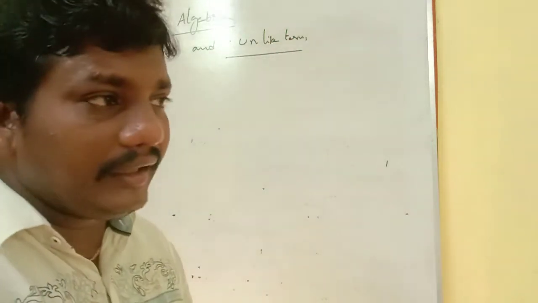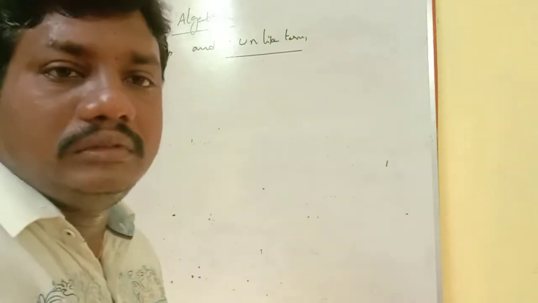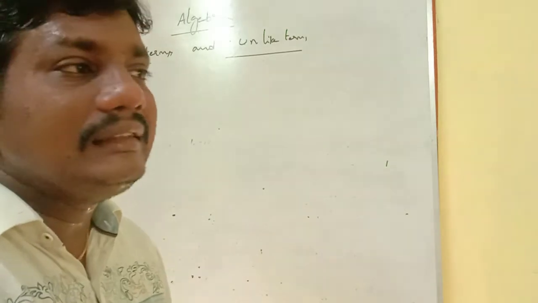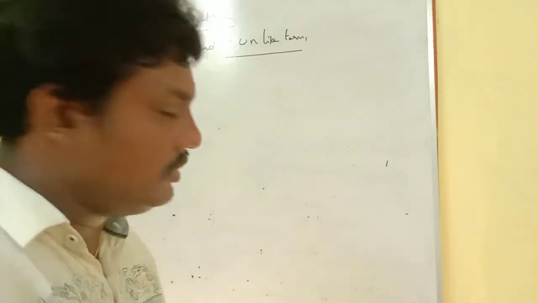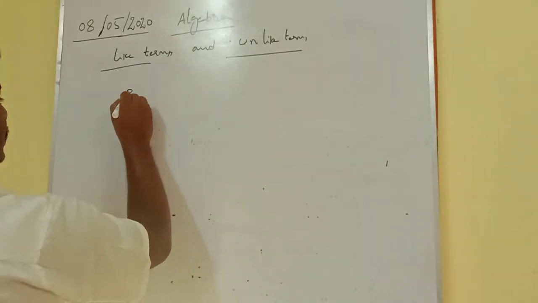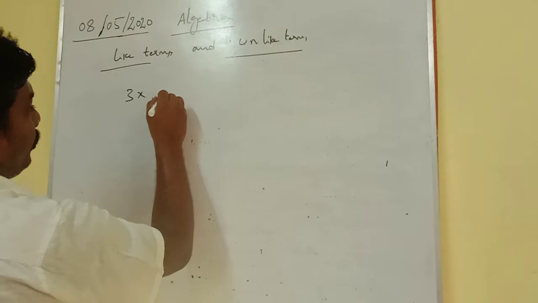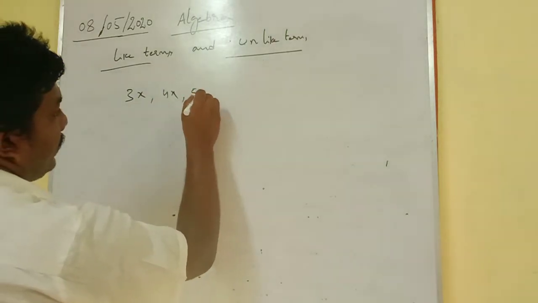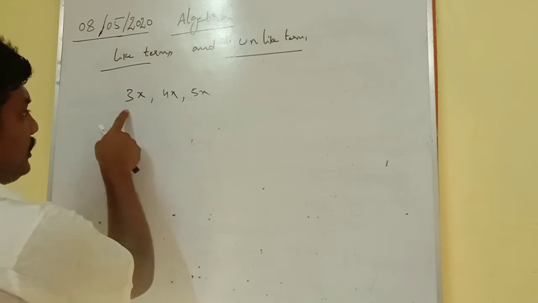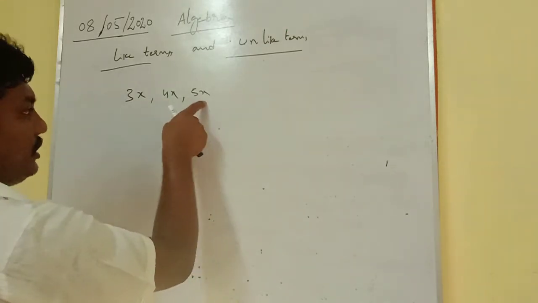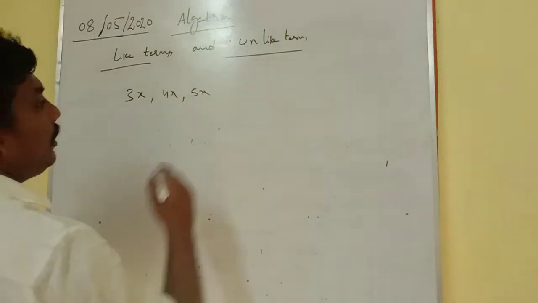Algebraic terms which have the same variables. Suppose 3x is an algebraic term. You can take 4x, you can take 5x. Even though the numerical coefficient is different, the variable parts are the same. Terms with the same variables are like terms.